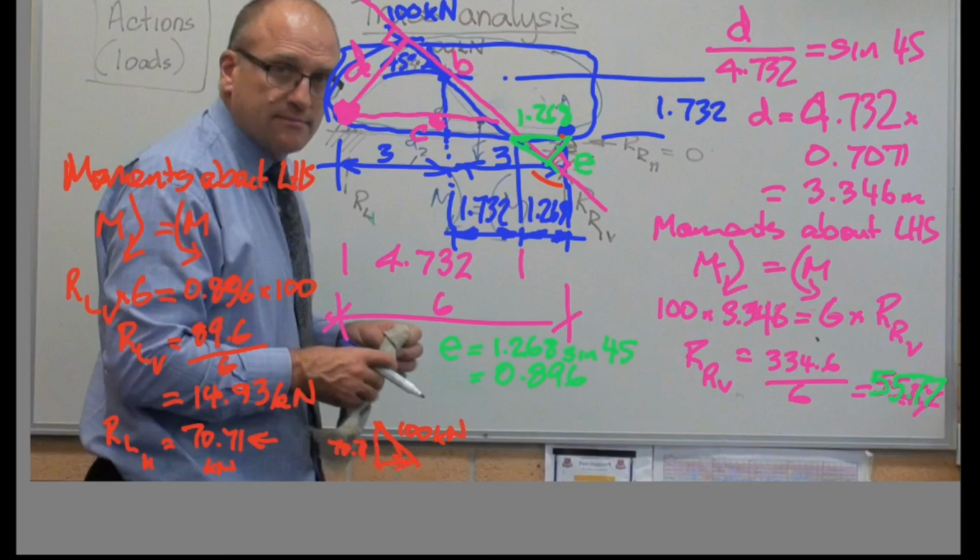I've already allowed for the verticals, but that horizontal, let's pick a colour that stands out against the bricks. 70.71. So if that's what that 100 kilonewtons is doing, pushing that to the right, then reaction left's got to be there. The answers, same.